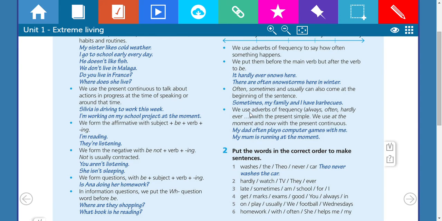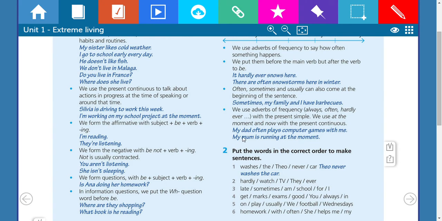Let's see. We use adverbs of frequency like always, often, hardly ever with the present simple. We use at the moment and now with the present continuous, okay? For example, my dad often plays computer games with me.